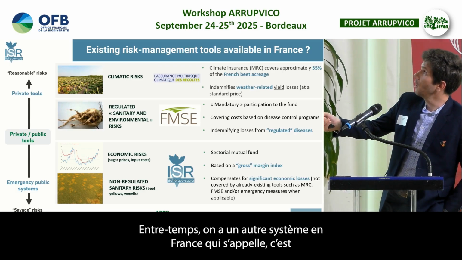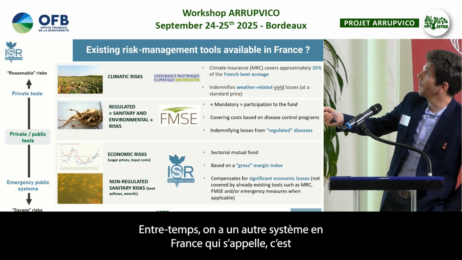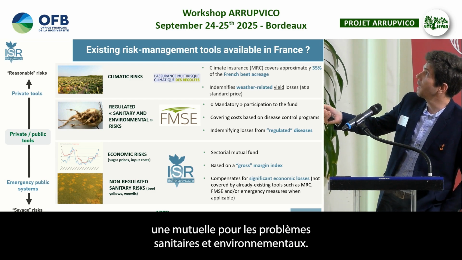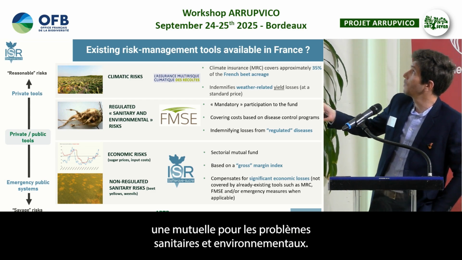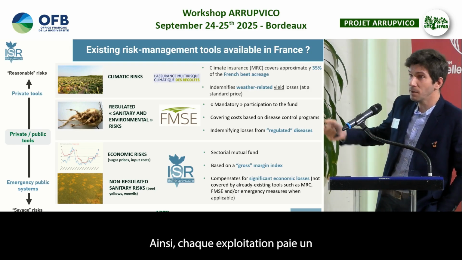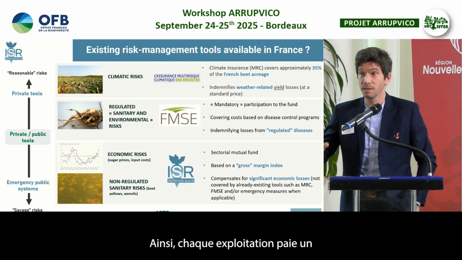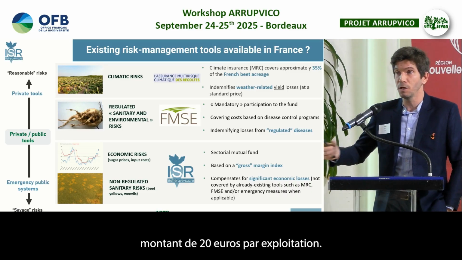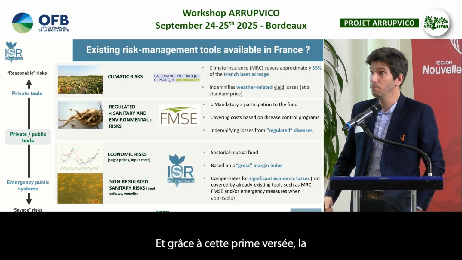In the meantime, we have another system in France that is called a mutual fund for sanitary and environmental problems. And this is something that is mandatory. So every farm pays an amount, which is 20 euros per farm.